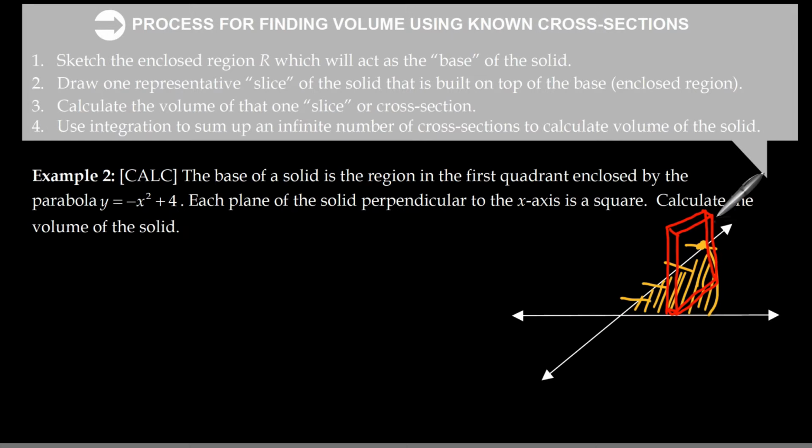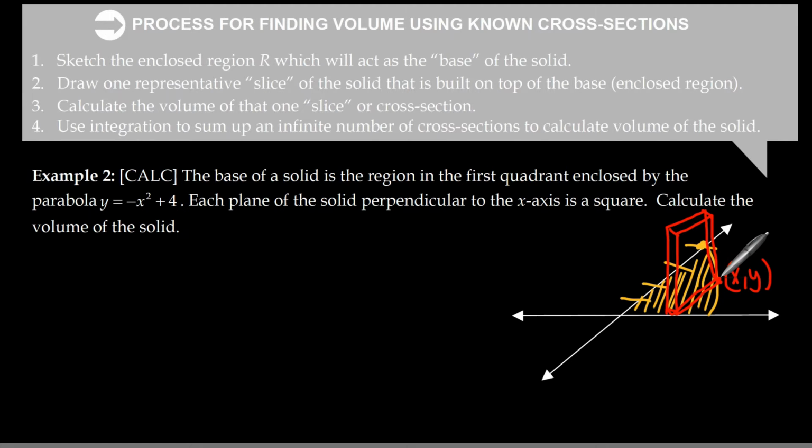Our goal is to find the volume of this one square prism. And then when we do that, we're going to use calculus and sum up an infinite number of these. So if this is a square prism, let's label this point right here on the curve x, y. And that is a very important step right there.